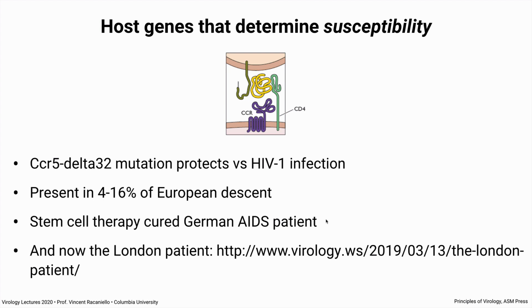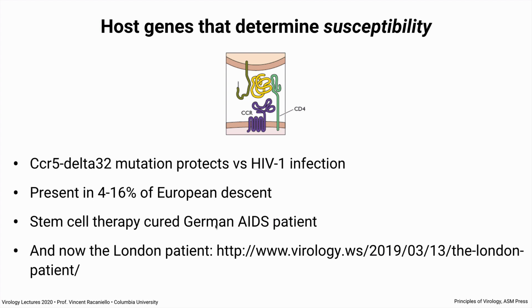And his astute physician decided to find a donor. It was going to be an allogeneic transplant. To find a donor that had the delta 32 mutation. He found one. The German individual was given the transplant.